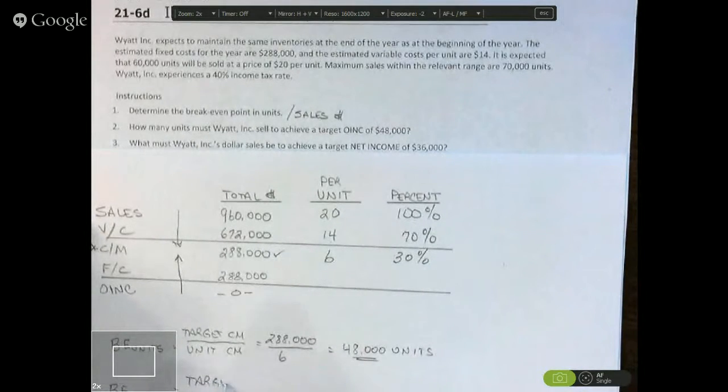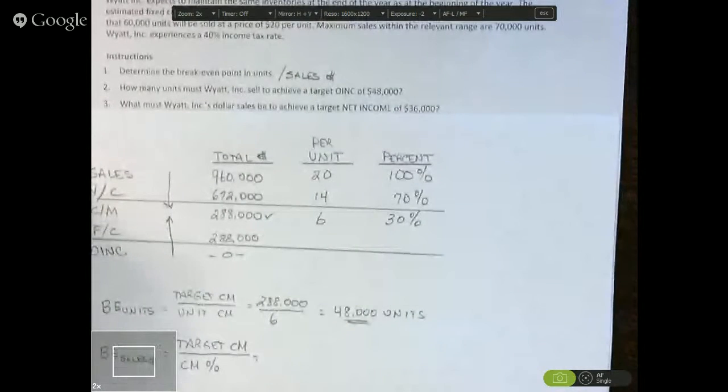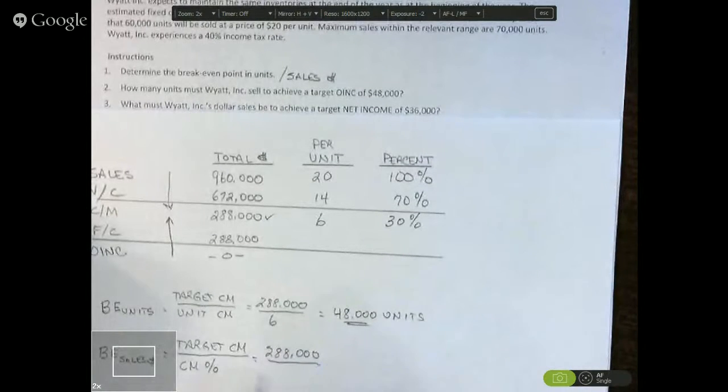That would be the target contribution margin divided by the contribution margin percent, also known as the contribution margin ratio. The target contribution margin, as you see, is $288,000, and we want to divide it by the 30% contribution margin ratio.